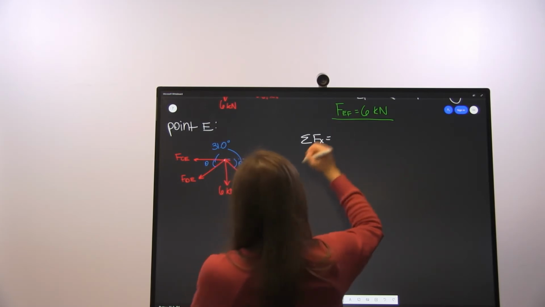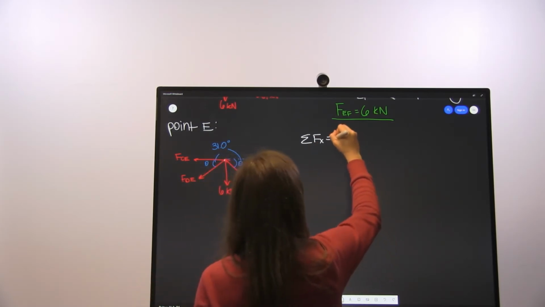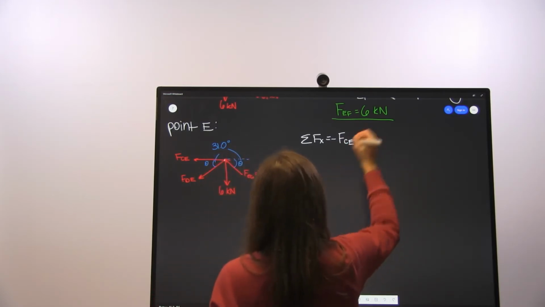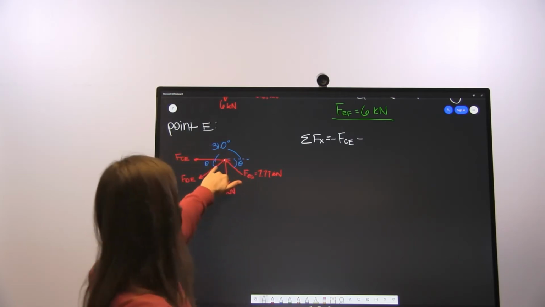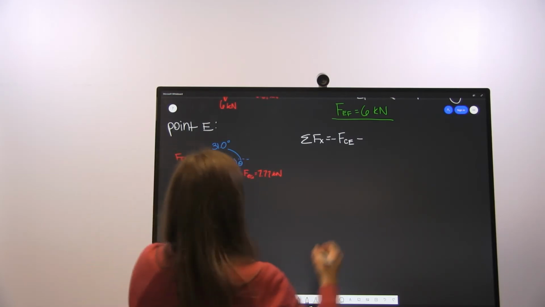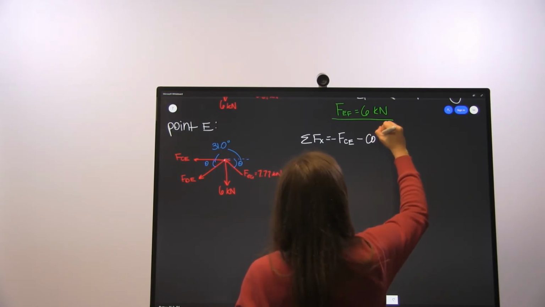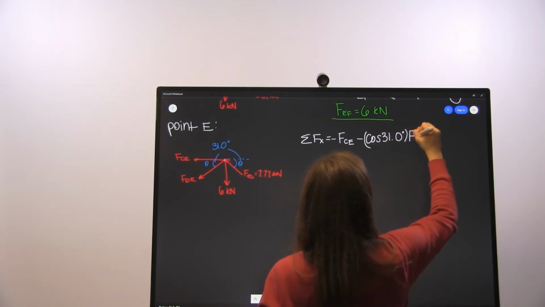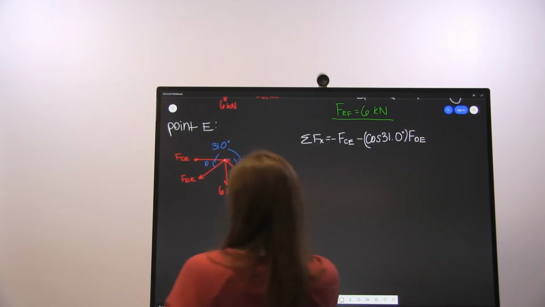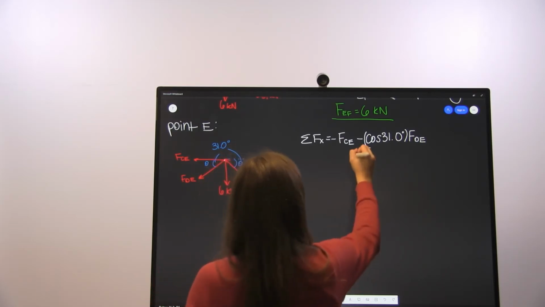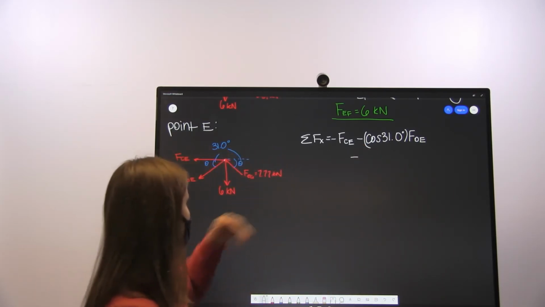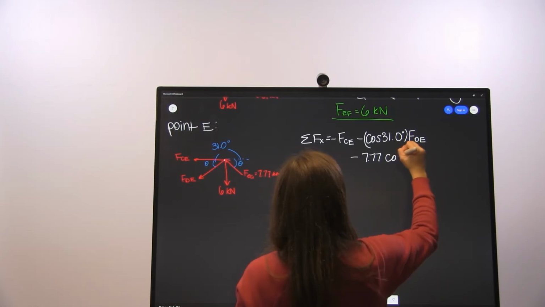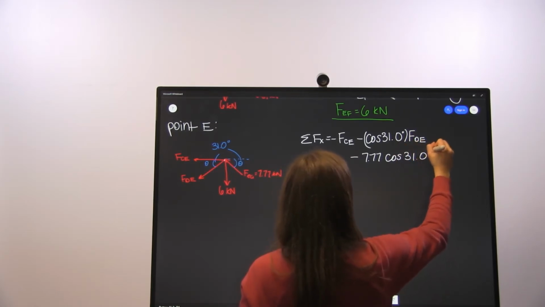So our forces in the x direction, that's going to be negative force CE, because it's going to the left, minus we're going to take the x component of force DE. So that's going to be cosine of 31.0 degrees times force DE. And then we're also going to have the x component of EG. So that's going to be negative 7.77 times cosine of 31.0 degrees.